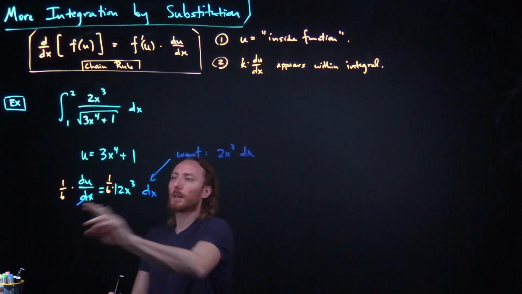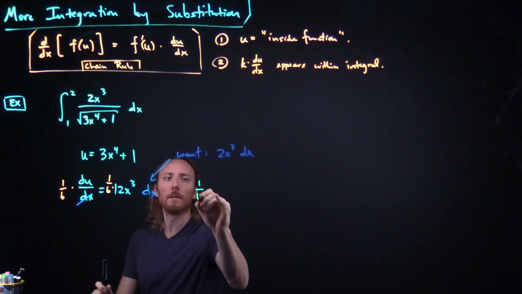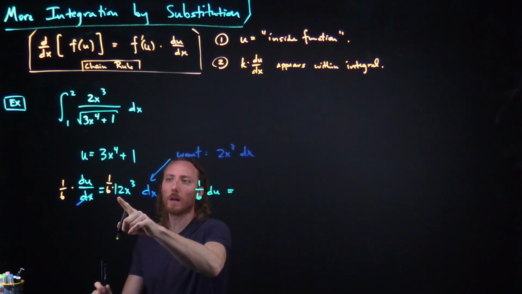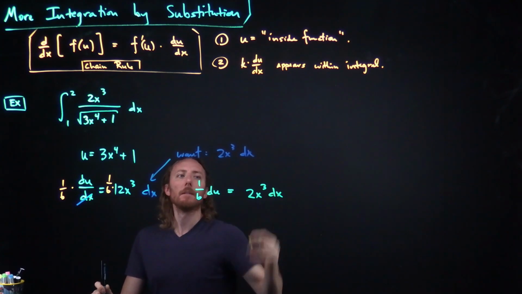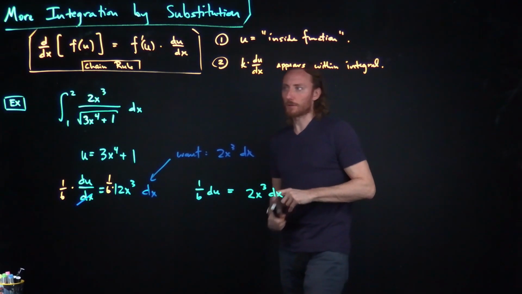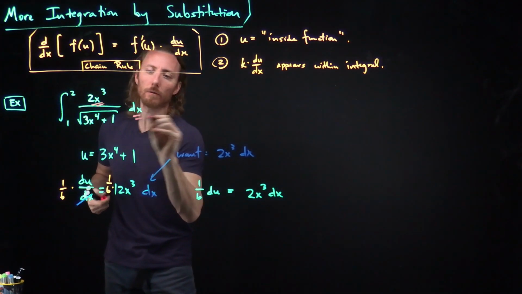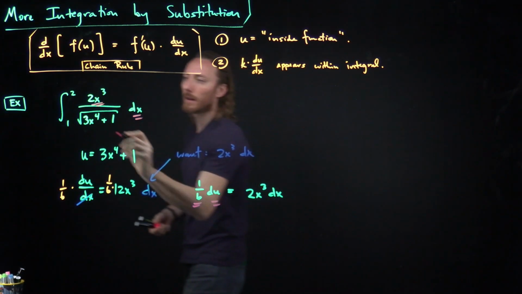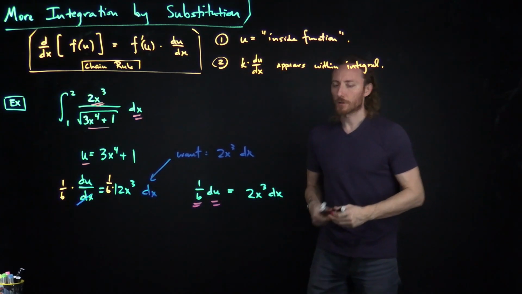And the equal statement we get back is that 1/6 du is equal to, with the 1/6 and the 12 multiplied to be exactly the 2 that we desired, 2x cubed dx. And hey, now we've got the 2x cubed dx that we are interested in. So the 2x cubed dx, which is hanging out within our original function, is just 1/6 du, and then the u is going to be within that square root.